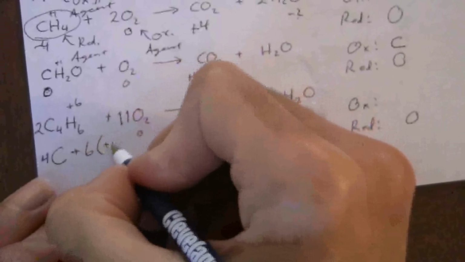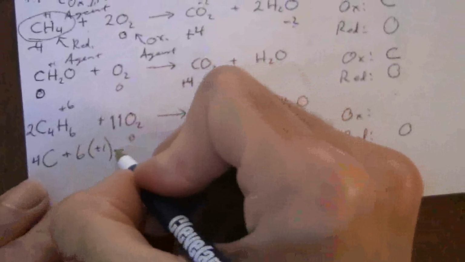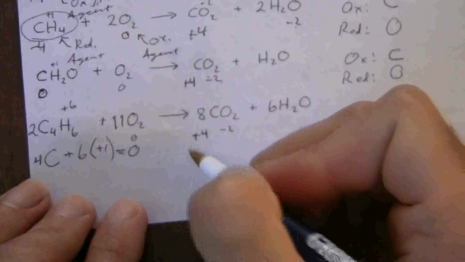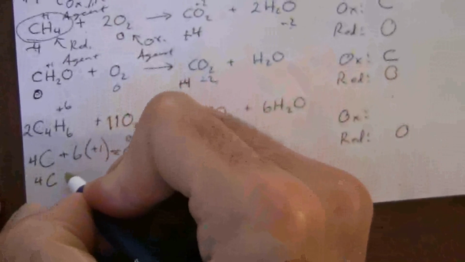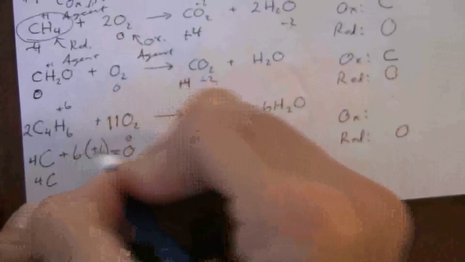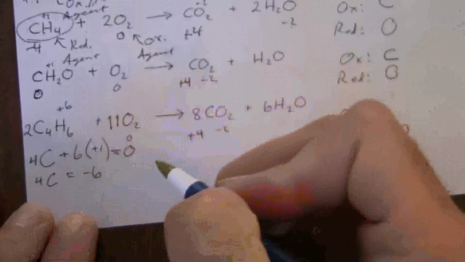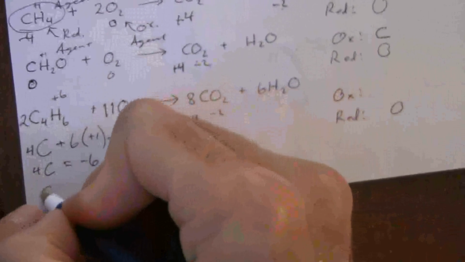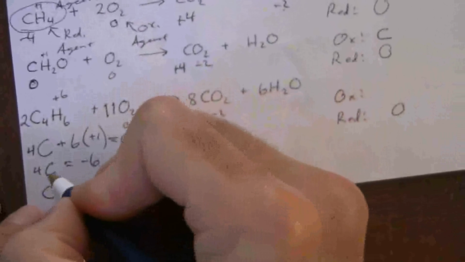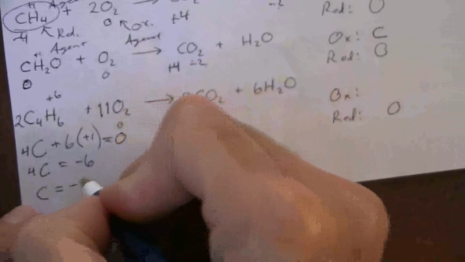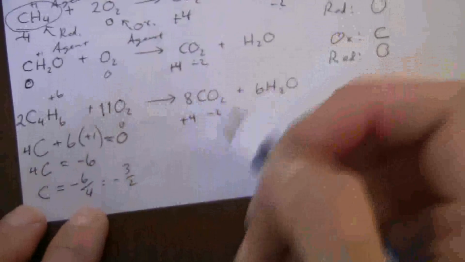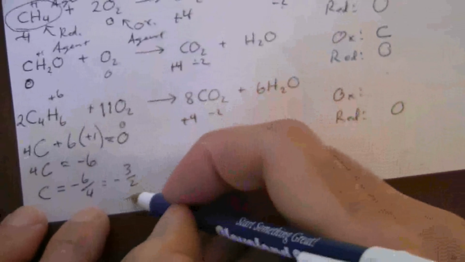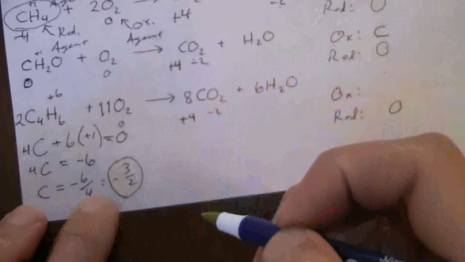Each hydrogen is a +1, right? And that balances out to 0. So that means my 4 carbon atoms, if I take this 6 and subtract it, is -6. Or in other words, my carbon oxidation number is -6 over 4, or -3/2, -1.5. All right. So again, a little bit unusual.